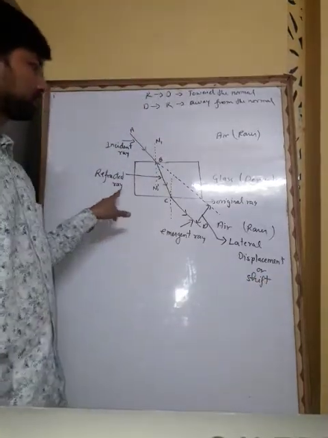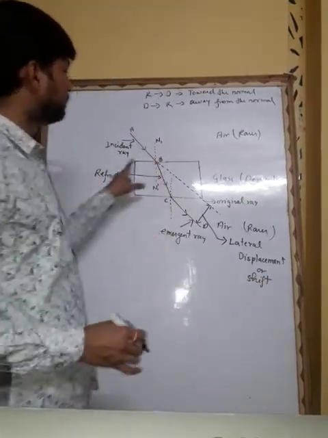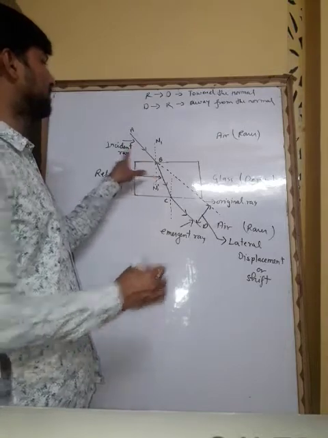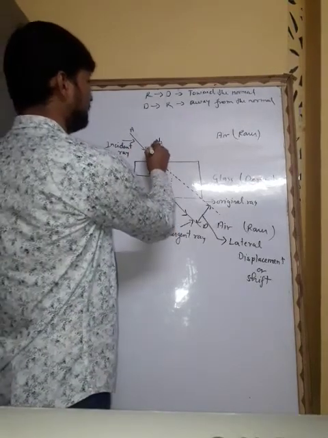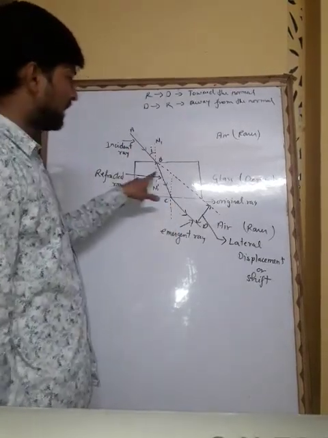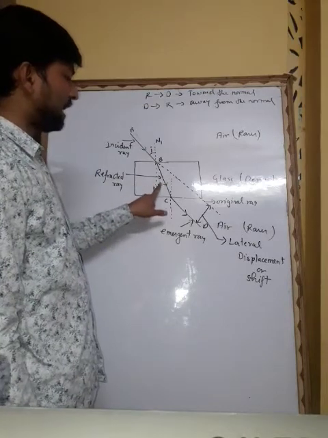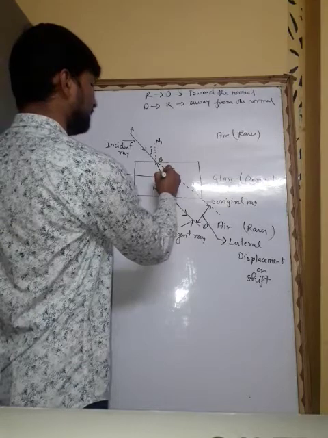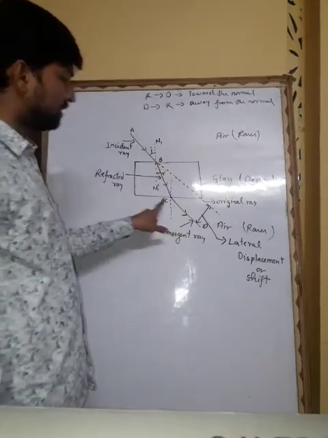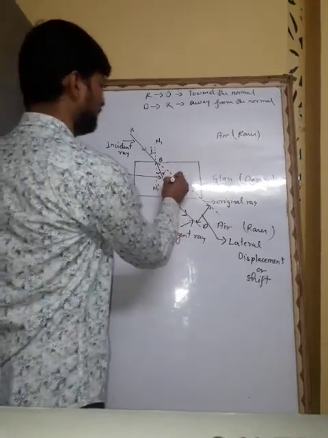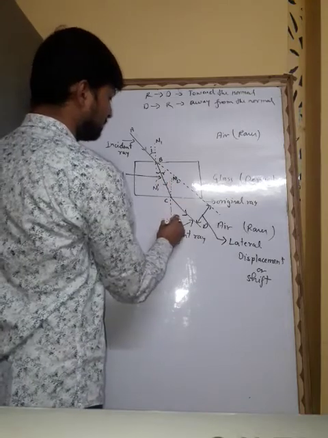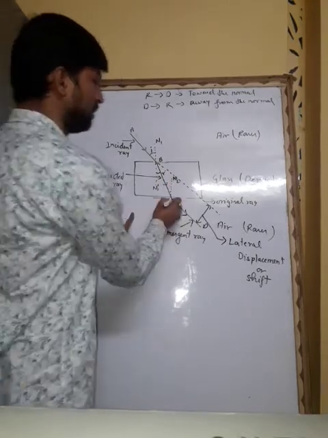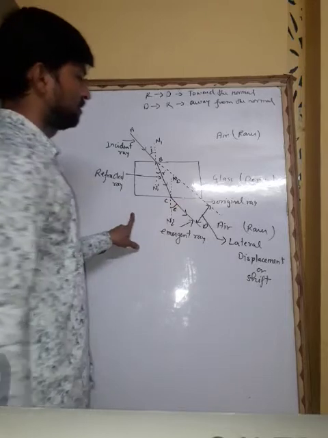Now, the angle between the first normal and the incident ray is called the angle of incidence. The angle between the normal and the refracted ray is called the angle of refraction, R, and the angle between the second normal, N2 dash, and the emergent ray is called the angle of emergence.